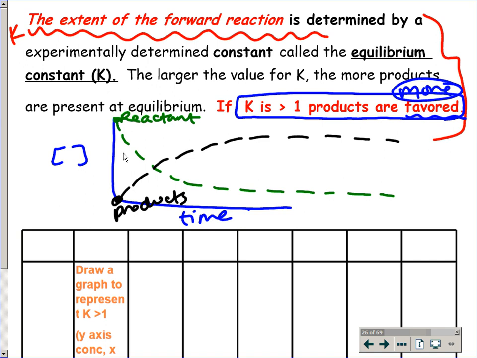It's not perfect, it was hand-drawn with a marker board. This is not changing slope, and this is kind of not changing slope. What it's trying to show you is that although the reactants are still reacting and the products are still being produced, there's no net change. So I would say about here is when equilibrium is achieved.